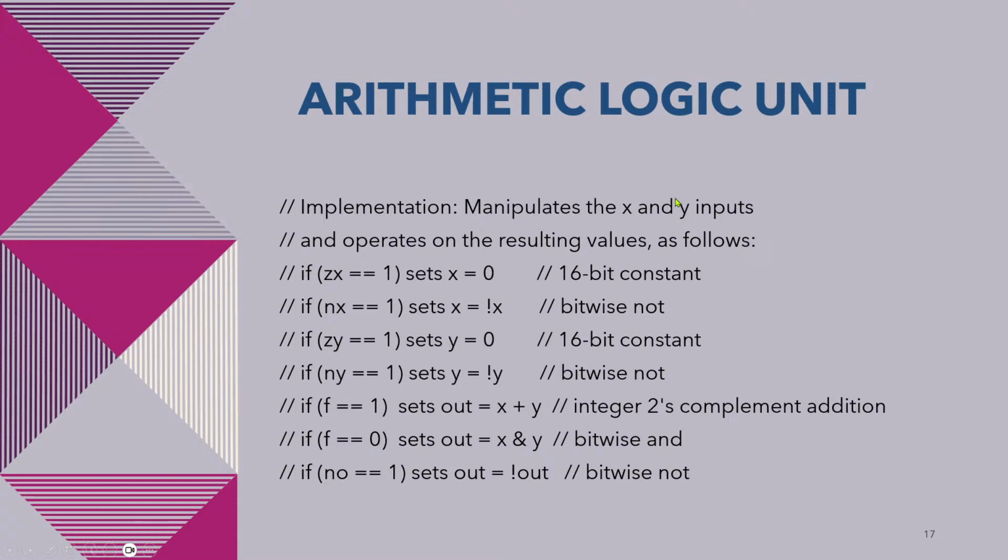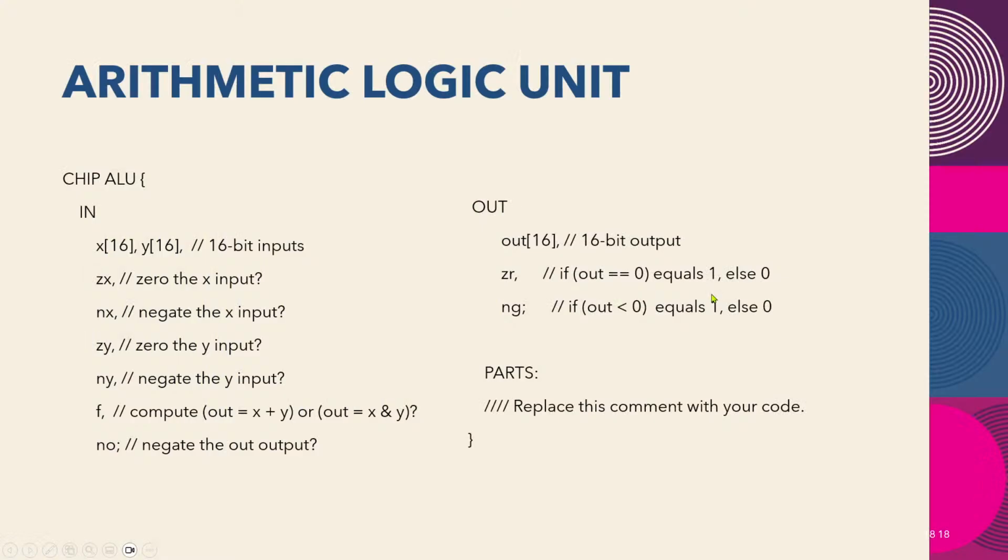And what you'll find is that with these various operations and combinations, the way that they can be put together, different things can be done by the ALU. These are the chip inputs.